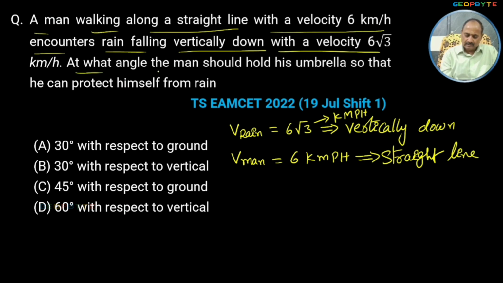At what angle the man should hold his umbrella so that he can protect himself from rain? For protecting from the rain, at what angle the umbrella must be kept? That is the question. Here it is given with respect to ground and with respect to vertical also. Let us say the man is keeping the umbrella in this particular direction at an angle theta with respect to horizontal.